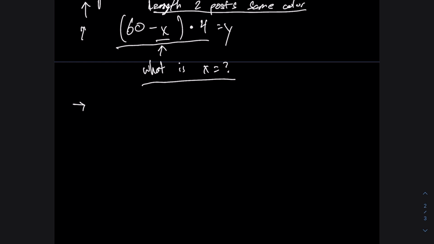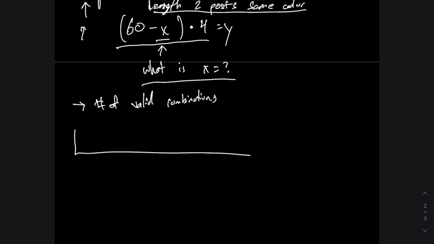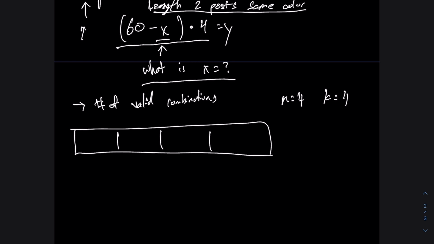So the first array is going to be the number of valid combinations with length 2 repetition at the end. We're going to use that n equals 4, k equals 4 example again.